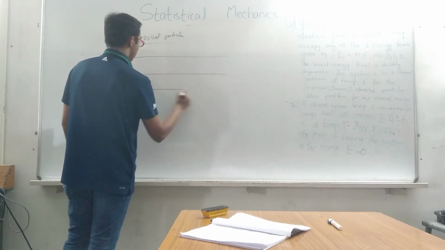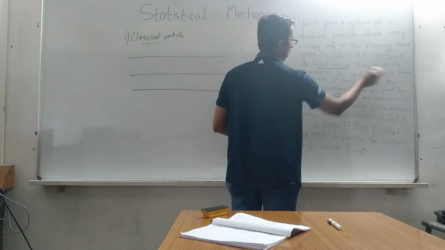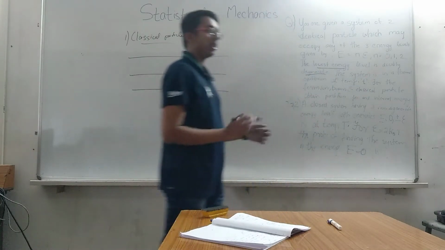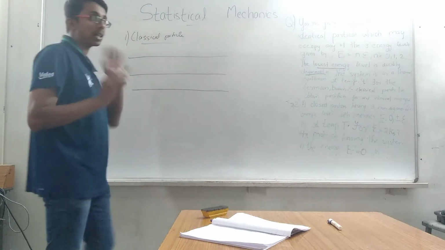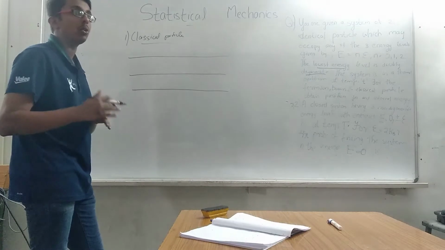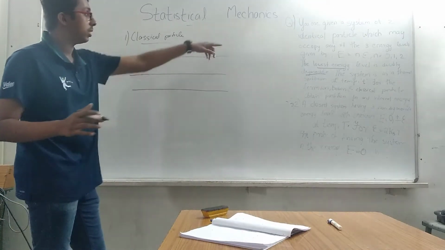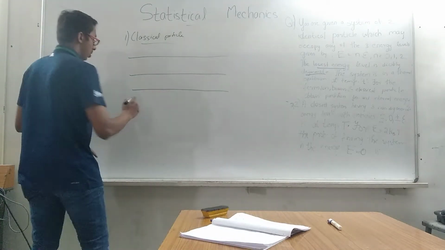There are 3 energy levels, but it is saying that the lowest energy level is doubly degenerate. In quantum statistical mechanics, the difference from classical is that we are also discussing the degeneracies in the energy level. So the lowest energy level is doubly degenerate.